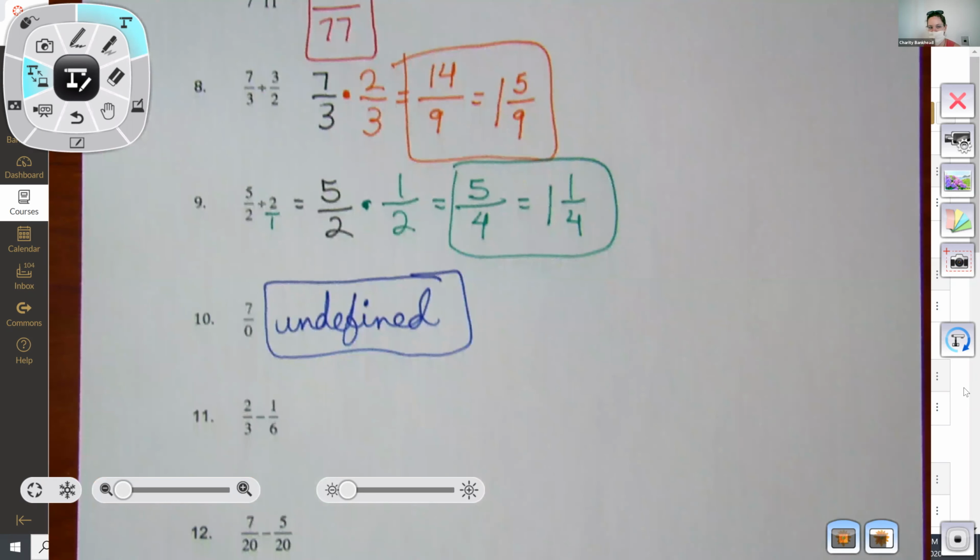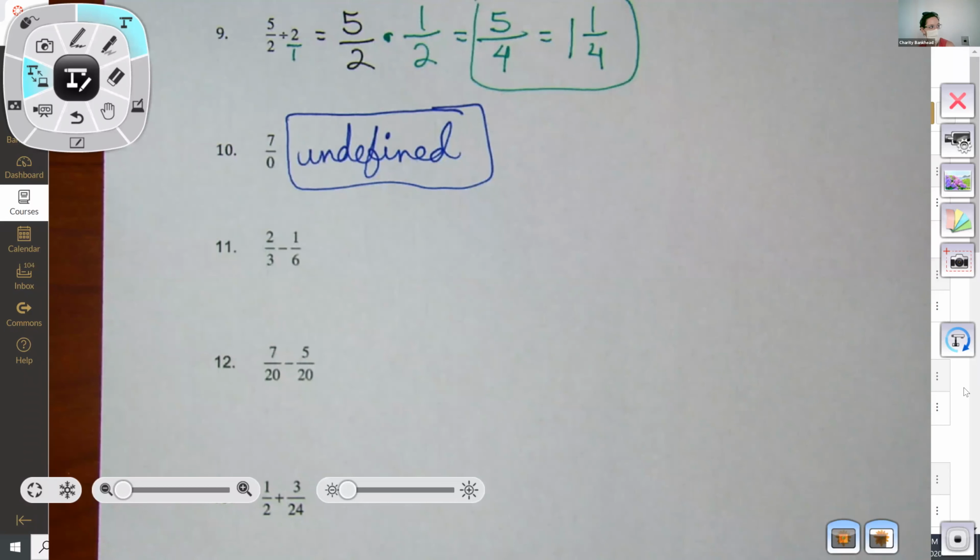Okay, subtracting. All right, so you would first want to figure out the least common denominator. So the least common denominator between 3 and 6 is 6. So we can rewrite the problem using denominator of 6.